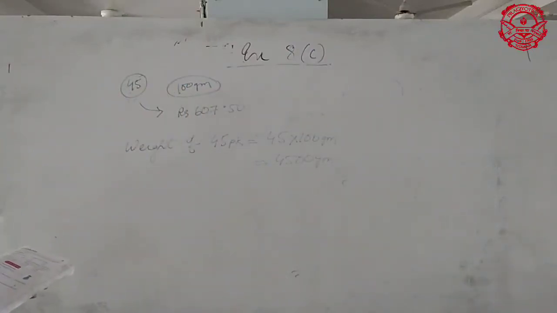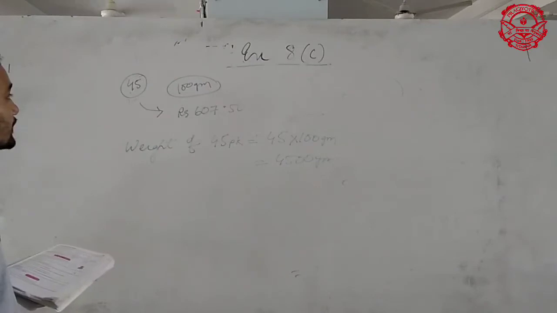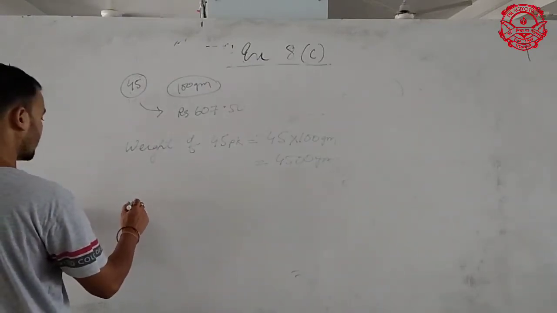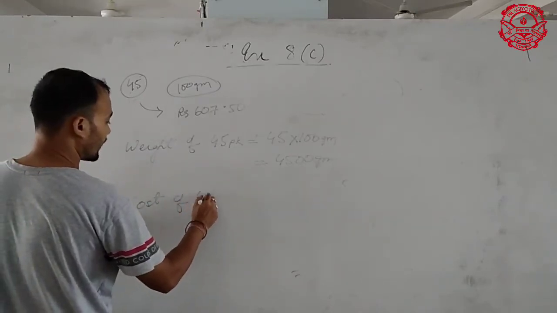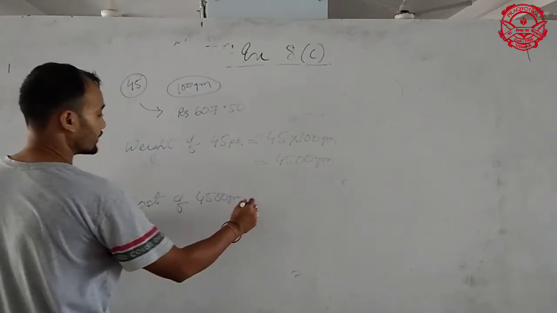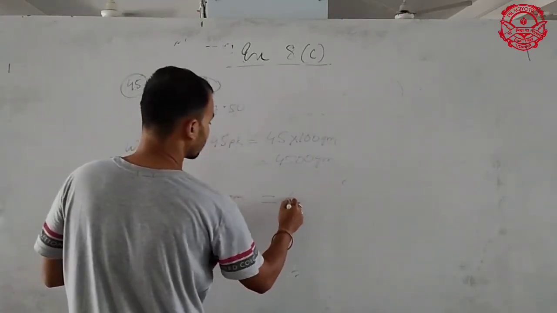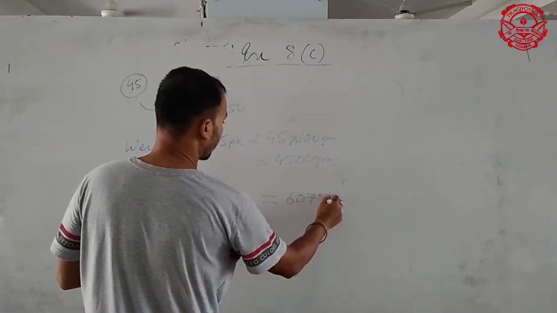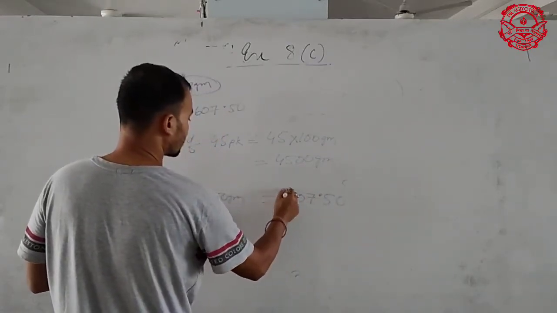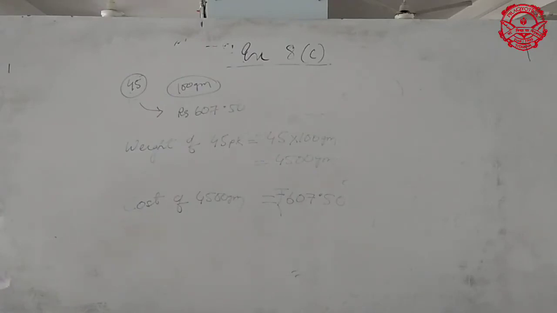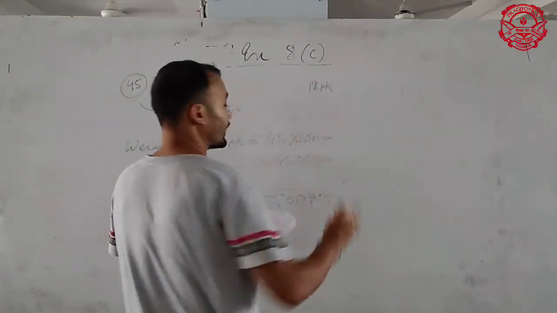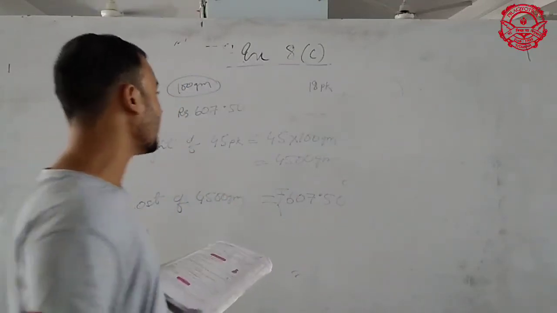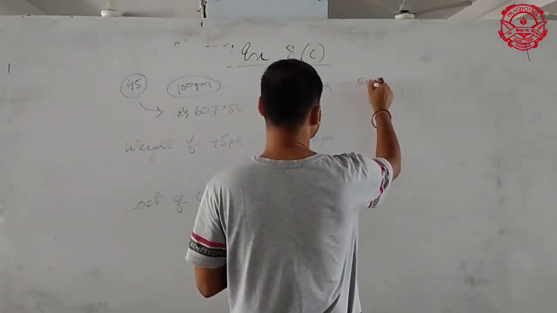Okay, now cost of 4 kg 500 gram is how much? According to the cost, yes, cost of 4500 gram is equal to 607.50. This is rupees. Okay, I am putting the symbol of rupees. Now you are asked to calculate the cost of 18 packets, and weight of one packet is 500 gram.